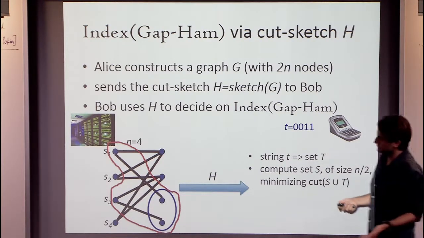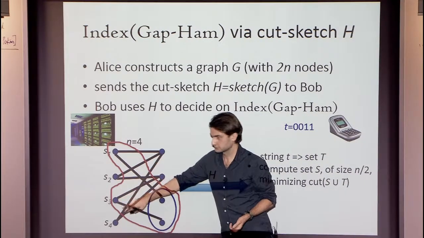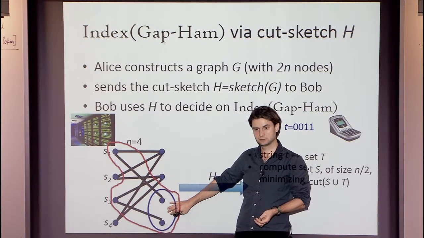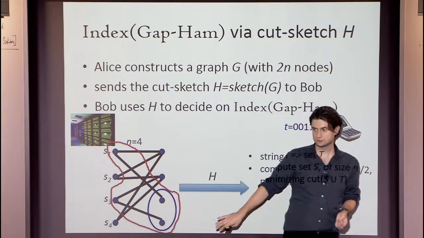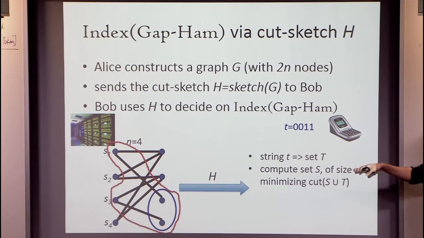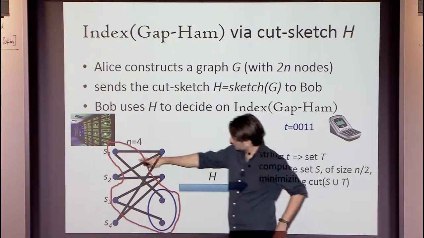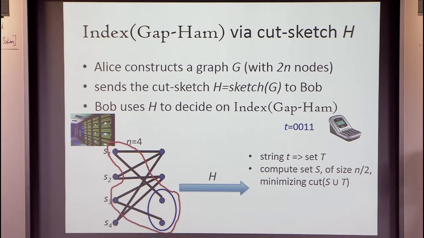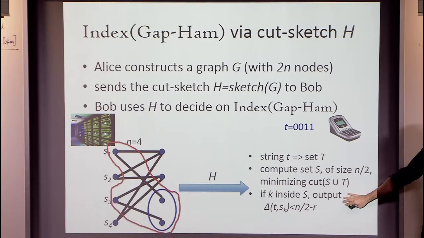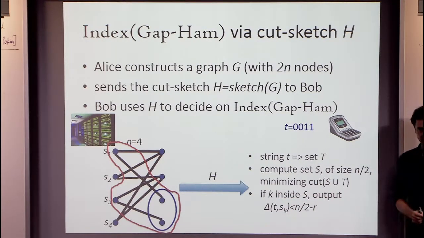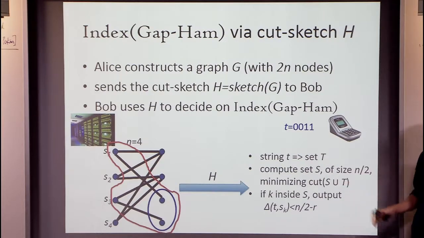Okay, so intuitively, this chooses the strings that have smaller Hamming distance to my string T, modulo all the approximations and stuff. And indeed, at the end, Bob outputs that we are close if this index k is inside the set S that has been chosen to minimize this.